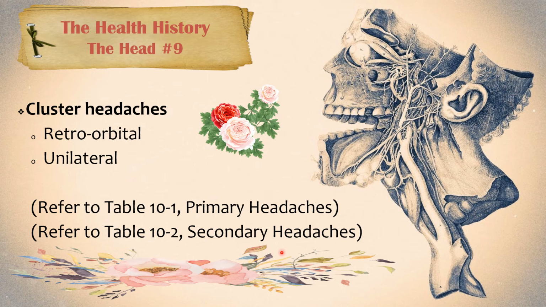While the secondary headaches include headache from eye disorders like acute glaucoma, could be headache from sinusitis, meningitis, or subarachnoid hemorrhage, brain tumor, giant cell arteritis, post-concussion headache, and cranial neuralgias. Okay, those are secondary headaches.